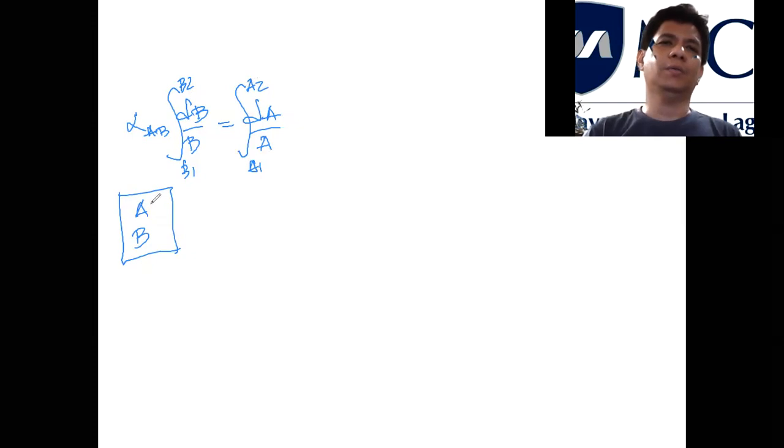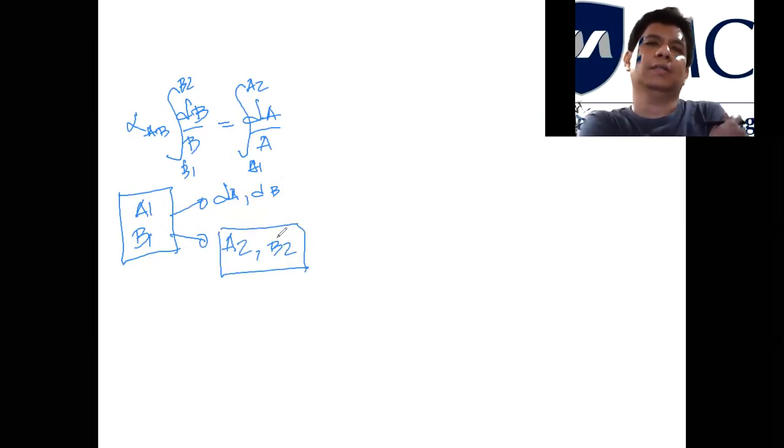So parang this is A1, this is B1, and then when a portion of this evaporates, so you will have parang DA at saka DB, differential amount of A and B. So what will remain is actually A2 at saka B2. Ganun yung ating sistema. No? Okay?